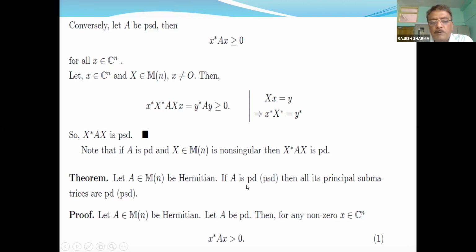If A is positive definite, then its numerical range is on the positive real axis, and the numerical range of all the principal submatrices is included in the numerical range of A. So it is also on the positive real axis. So all the principal submatrices are then also positive definite. And if it is positive semi-definite, then all the principal submatrices are positive semi-definite.